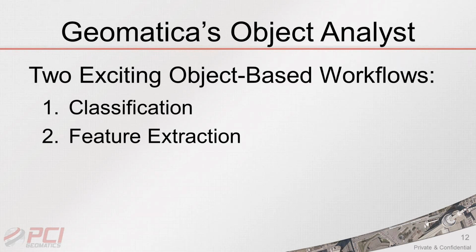Whereas feature extraction is the process of creating rules in order to extract a specific type of feature, such as buildings or only roads or only vegetation, so on and so forth.